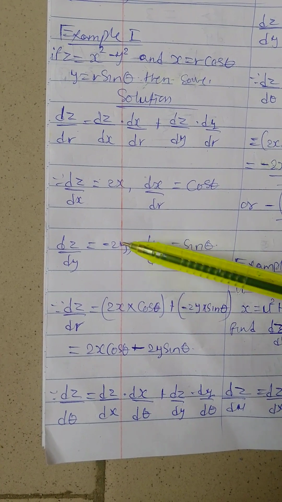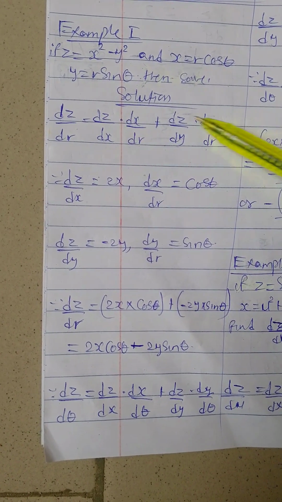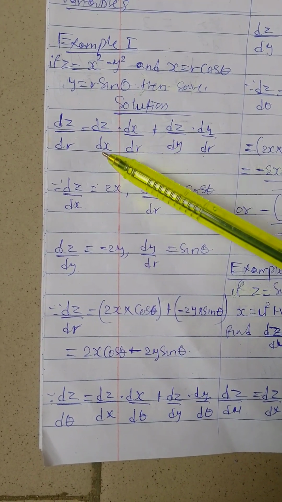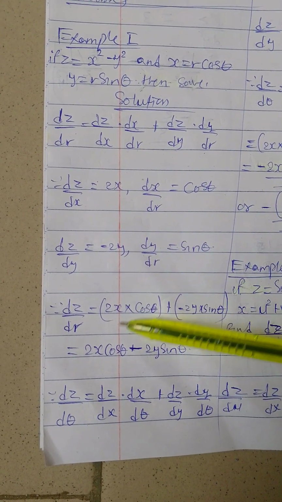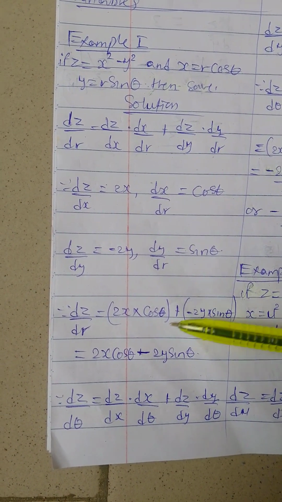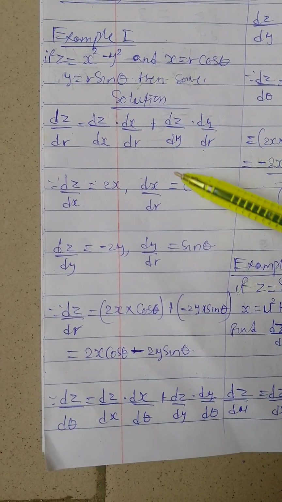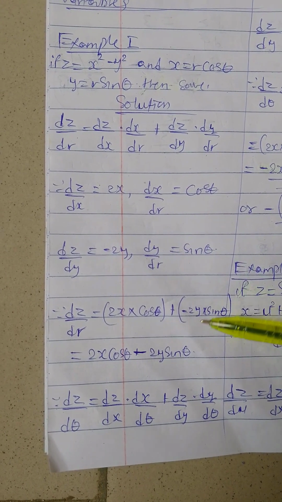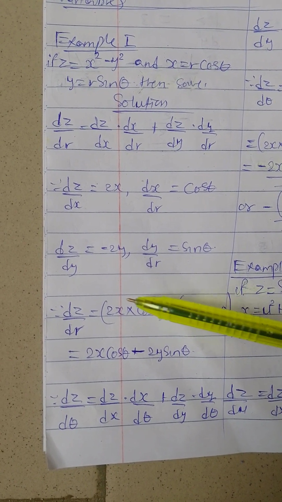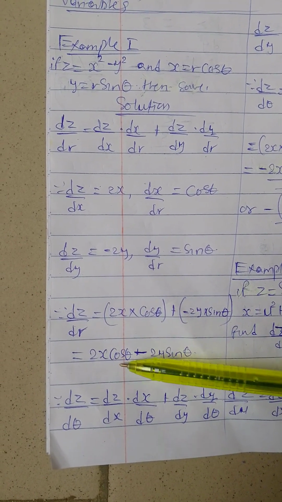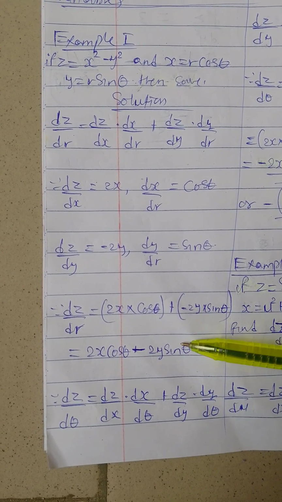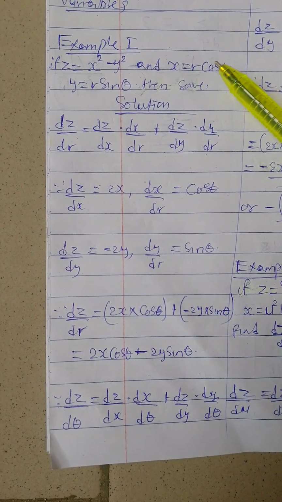Now put everything inside this formula, so dz over dr equals my answer for dz over dx, which is 2x, times my answer for dx over dr, which is cos theta, plus my answer for dz over dy, which was minus 2y, times my answer for dy over dr, which was sin theta. So that becomes 2x cos theta, plus, since minus times minus is plus, 2y sin theta. This is the answer for dz over dr.